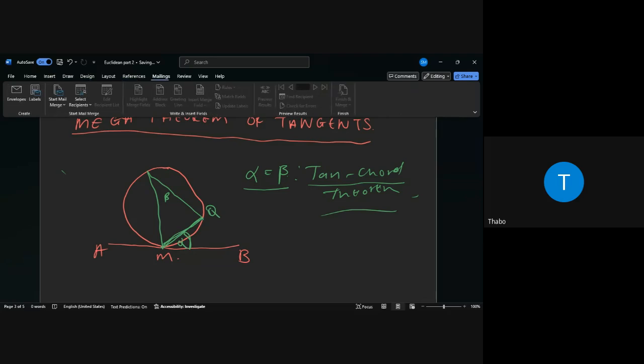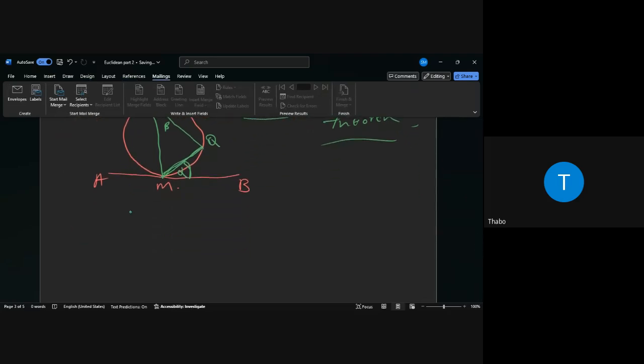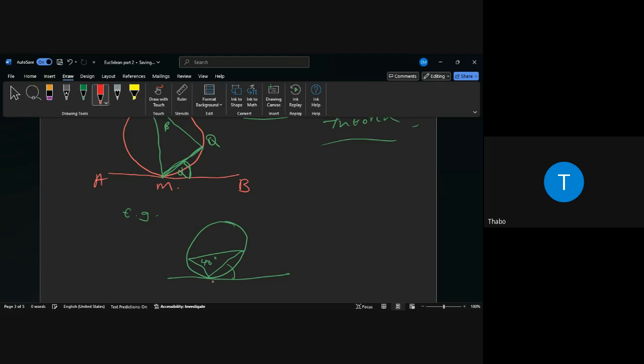So now, if I have my circle, and I have my tangent, and I have these. This is 30 degrees. And I'm going to name this X. And how much is X, guys?